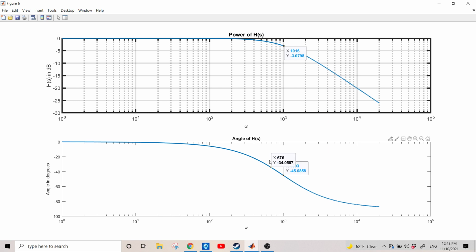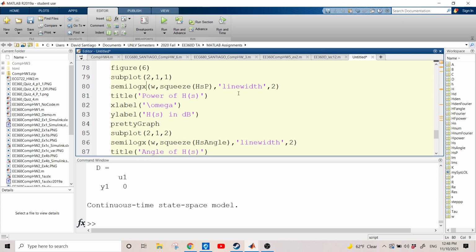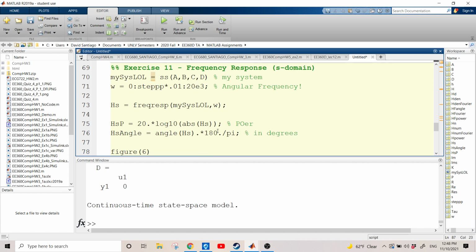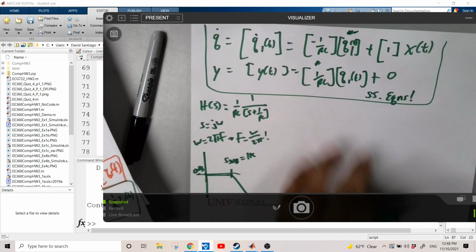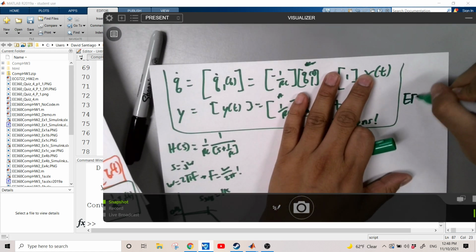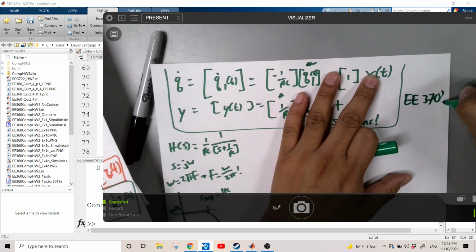Alright, the reason why I'm doing this RC circuit is to get you guys familiar. Like, this is not a scary assignment. This is like an assignment that you can use in 370. If you can do all of this, this right here is all EE370. Okay?